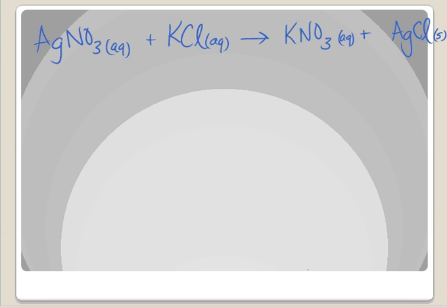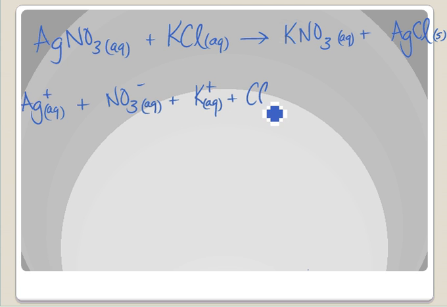Now that we have a balanced chemical equation, we now break this apart into its ions. So we know that Ag is a positive ion, plus NO3, which is a negative ion, plus potassium, which is a positive ion, plus chloride, which is a negative ion, and that produces potassium plus nitrate.